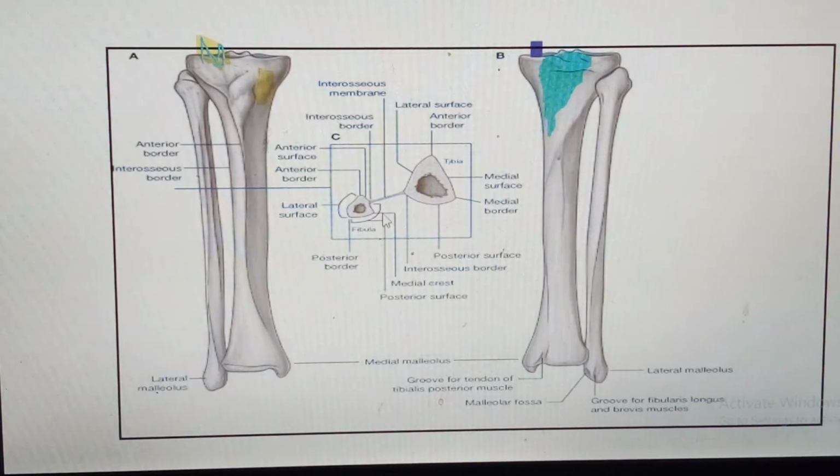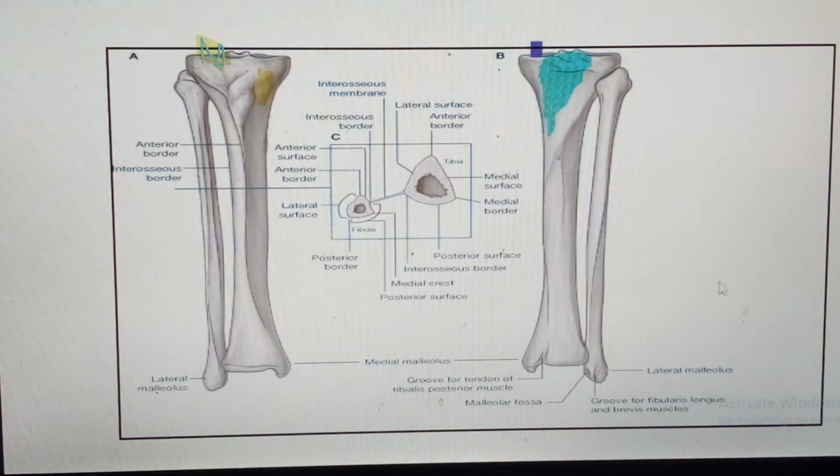And then we are going to have those respective surfaces: a posterior surface, a lateral surface, and a medial surface around here. So that is what we are going to see regarding the fibula and tibia.